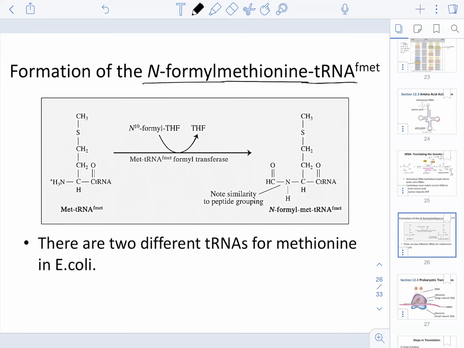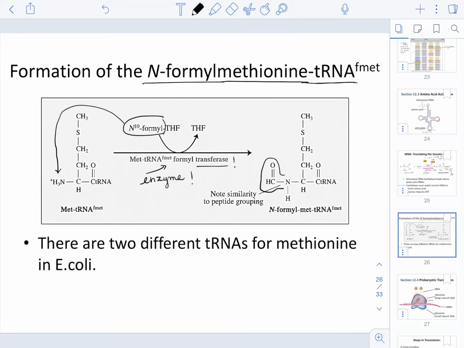As you can see here, the enzyme, and by its name you can tell that it is a transferase, is going to be transferring an N-formyl group onto the amino side of our methionine.